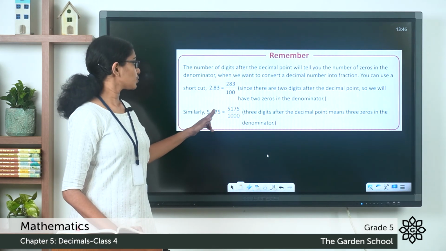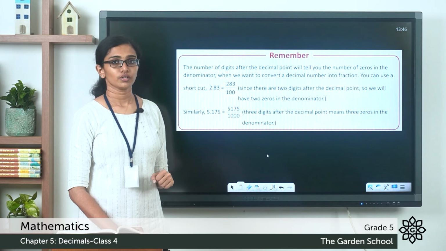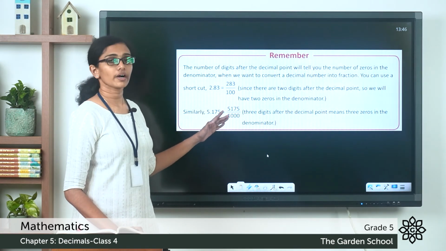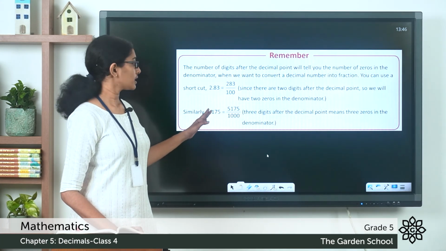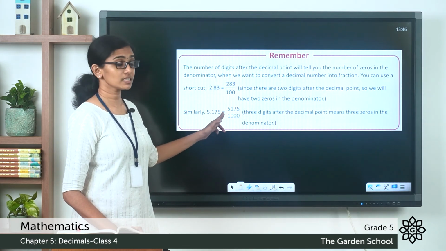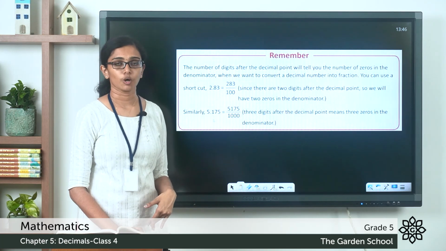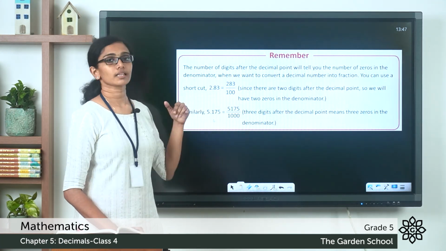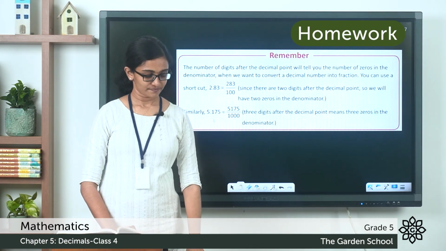There are 3 decimal places after the decimal point. So, the equivalent fraction will be 5175 by 1000, since there should be 3 zeros in the denominator. Hope this is clear to you, children.